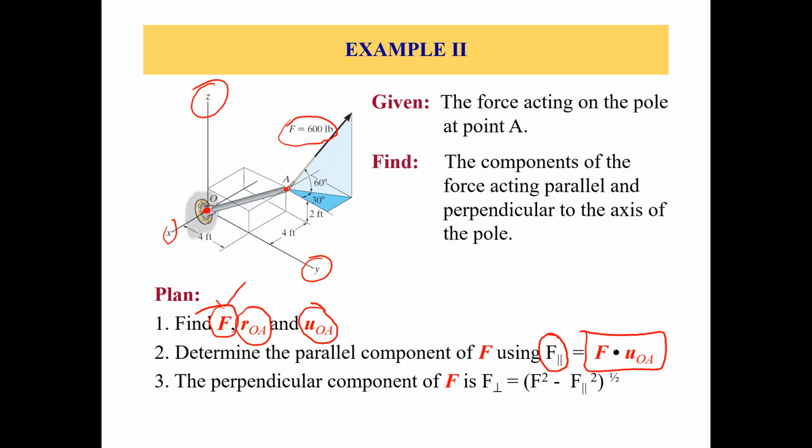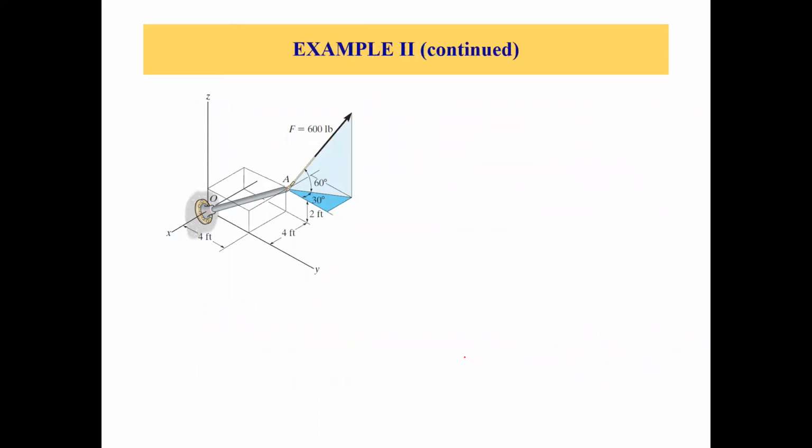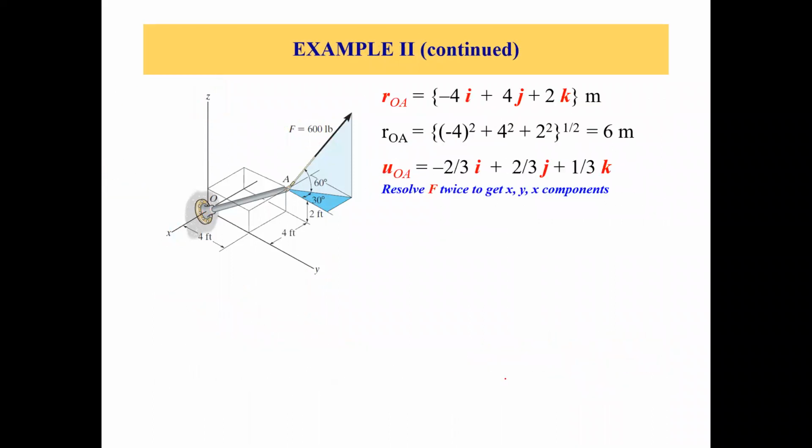So this will give you F parallel. Then we can find the perpendicular component of force F with this equation: F perpendicular equals the square root of F squared minus F parallel squared. All right, so let's move to the solution and see how we do it.